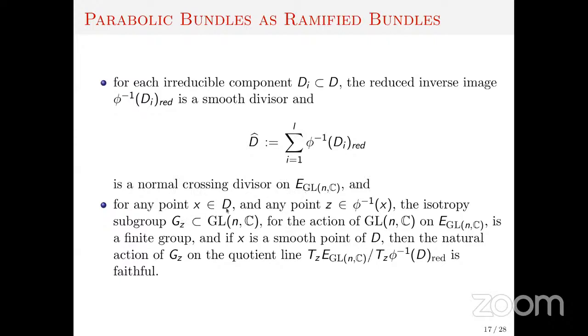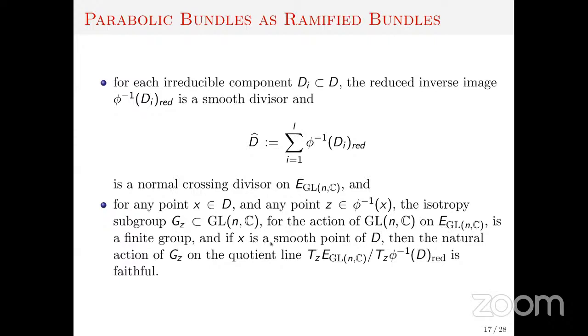And for every point x in the divisor D, and for any point on the fiber over x, the isotropy subgroup for the action of GL_N(C) on the total space E_GL_N(C) is a finite group.